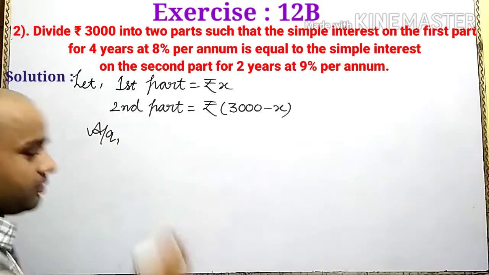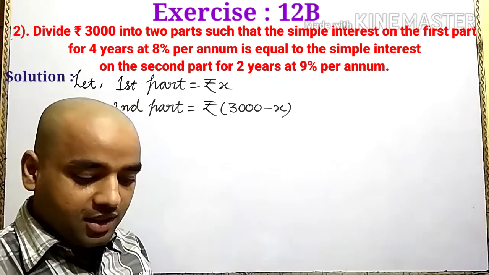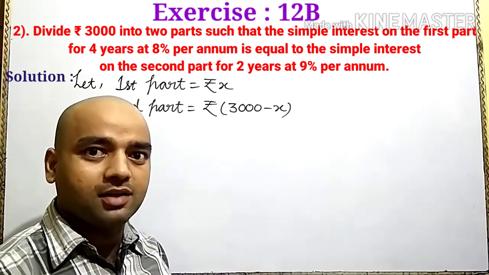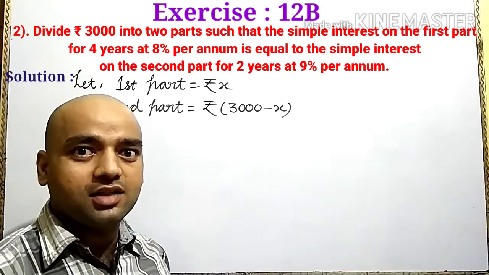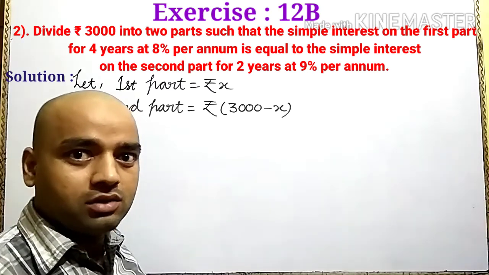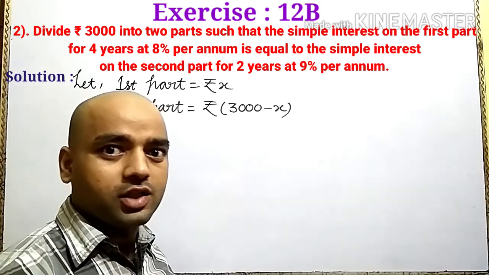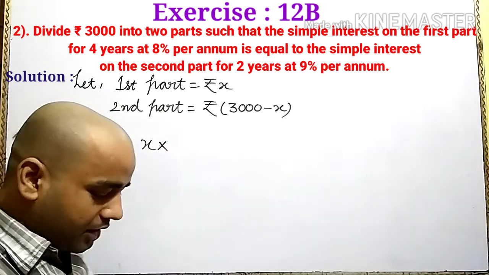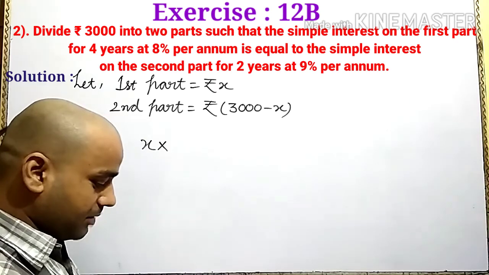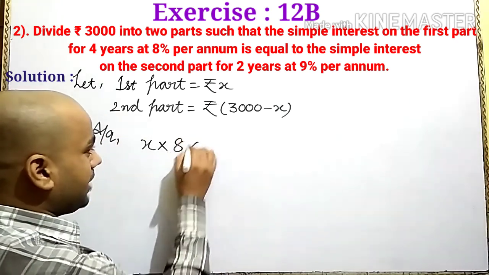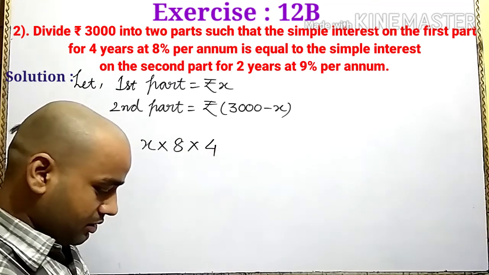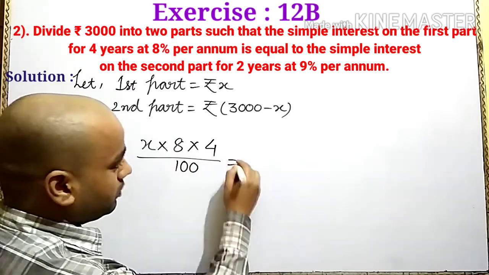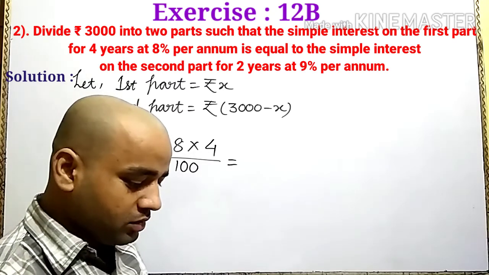According to the question, simple interest on the first part for 4 years at 8% per annum. So we know that simple interest is equal to P into R into T upon 100. So here P is x, into R given 8% per annum, time given 4 years, upon 100, is equal to the second part.